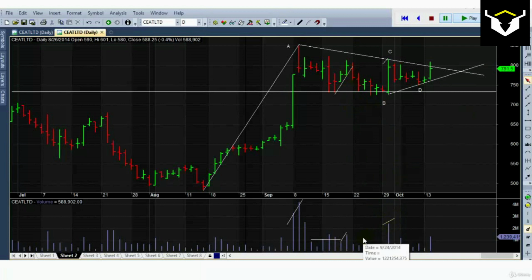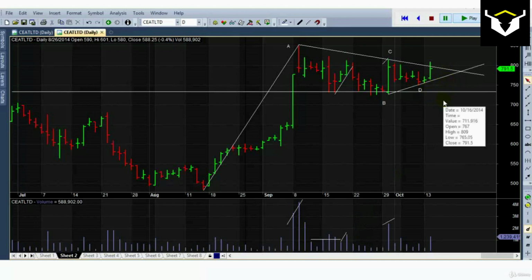What does this say? People are not willing to sell on heavy volume, but they are willing to buy on heavy volume, which means prices still have upside momentum left in them. So once prices close above the trend line, we can safely assume that our triangle pattern is completed.